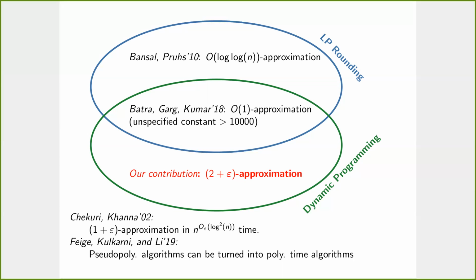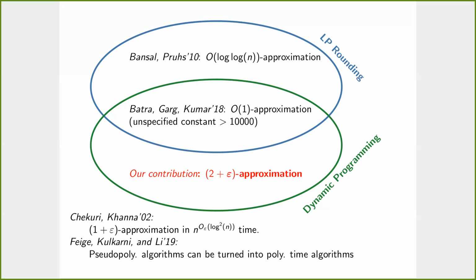In general, in this problem, the input numbers, the release times, the weights, the processing times, could all be exponential. But with this non-trivial result, they were able to show that if you can solve the problem assuming all values are bounded polynomially, then you can also derive a solution for exponentially large numbers.